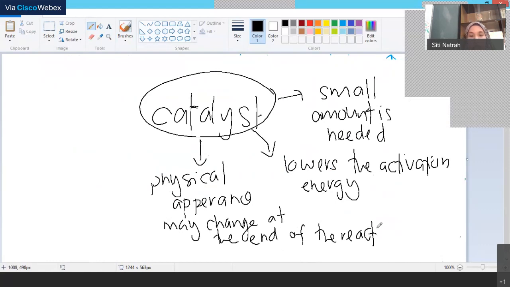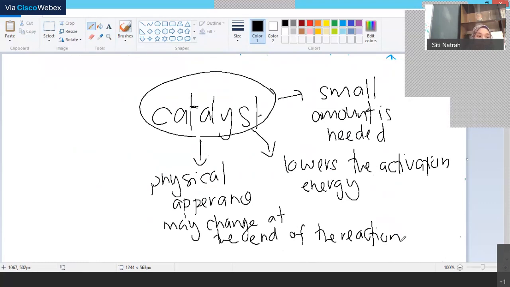So, kalau kita punya catalyst punya physical appearance dia akan berubah lah. So, contohnya kalau kamu ada small amount of physical pieces, so mungkin dia akan jadi powder. Contohlah kamu masukkan catalyst small amount of pieces. So at the end of the reaction dia akan jadi powder.